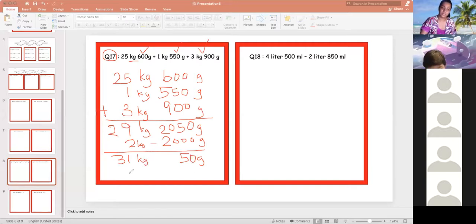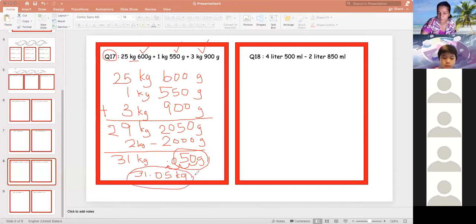If the question says change this to kilograms, the 50 grams must be changed to kilograms by dividing by 1000. When you divide by 1000, you move the decimal point three places, so you must put a 0 here. It will become 31.05 kilograms. Okay, boys? Be careful.